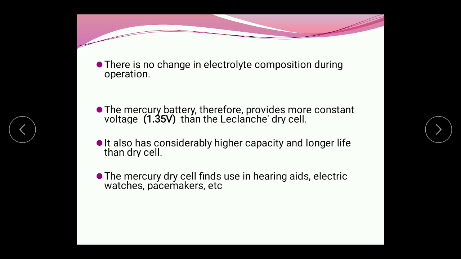In the next session, we are going to learn about fuel cells. But as I told you earlier also, this year 25% of the syllabus has been reduced for this year only, in which the lead accumulator cell or lead battery, storage battery, is also not included for this exam, but it will be there in the CET or JEE exam.